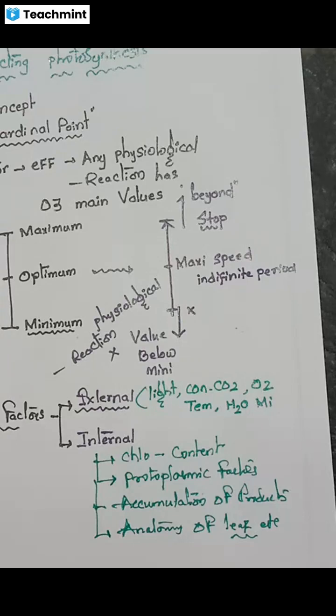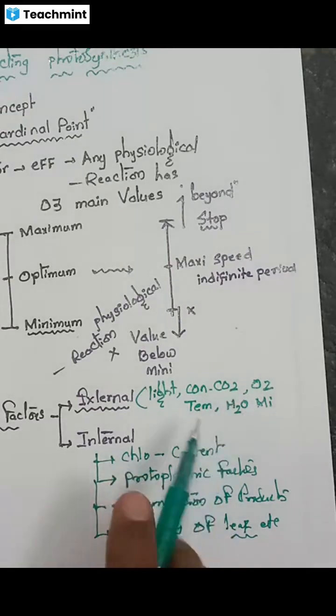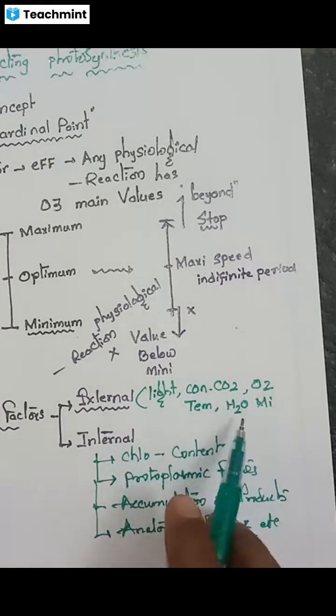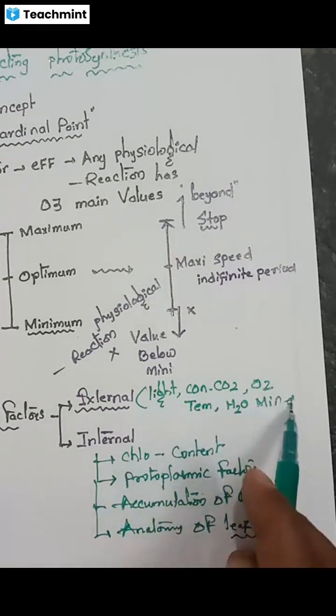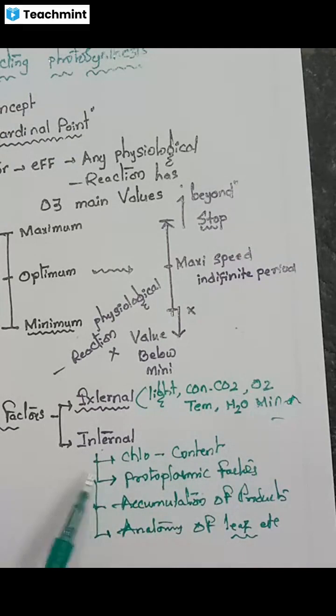The external photosynthetic factors include light, concentration of carbon dioxide and oxygen, temperature, water, minerals. The internal factors are chlorophyll content, protoplasmic factors, accumulation of products, and anatomy of leaf, etc.